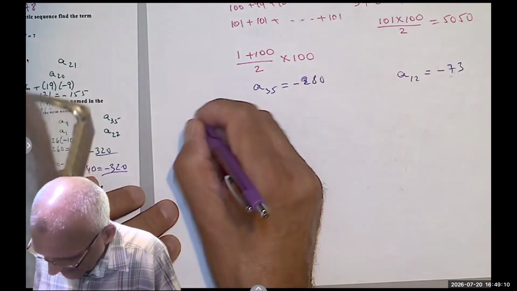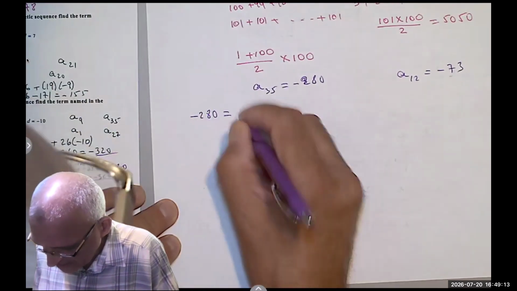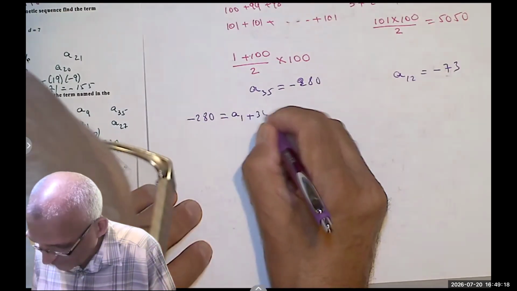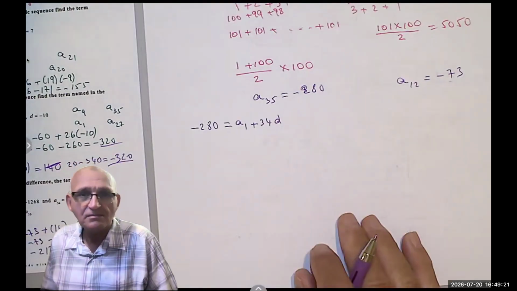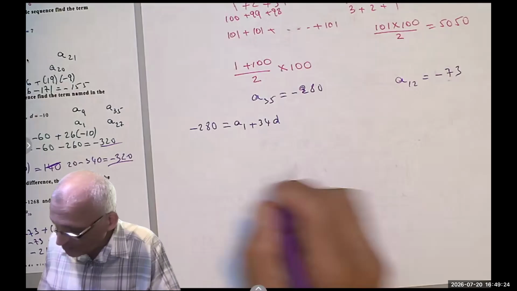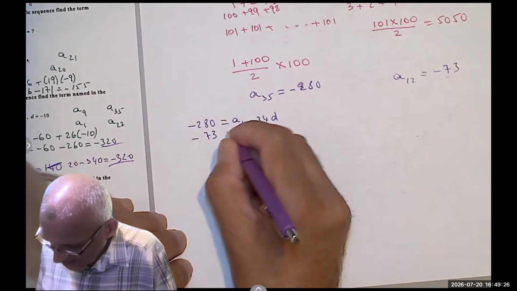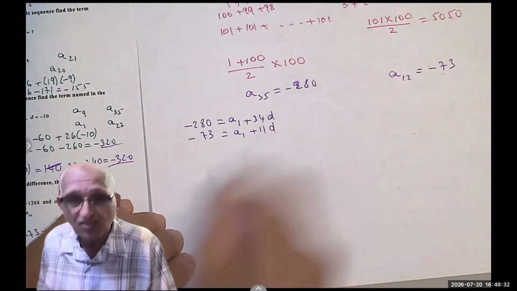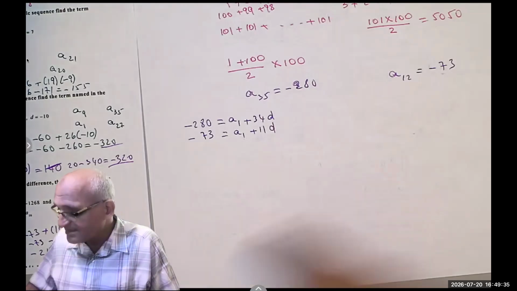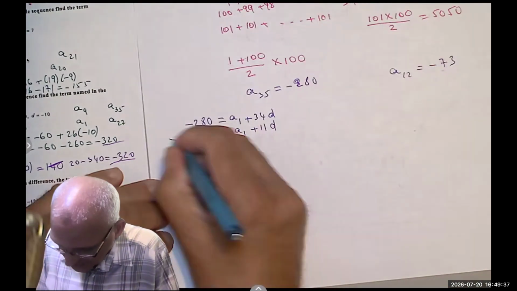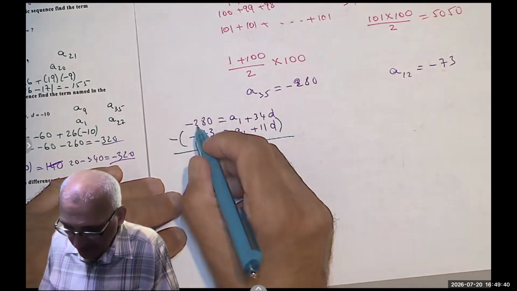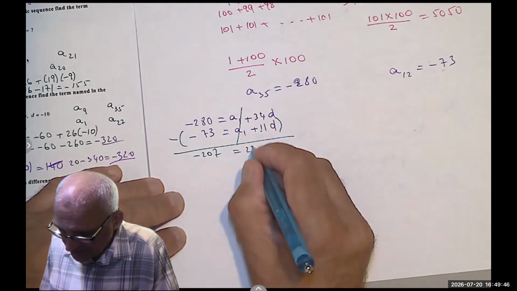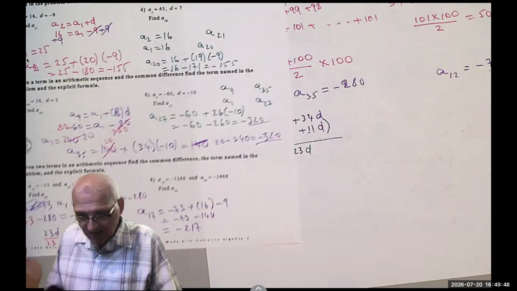I would say negative 280 equals a sub 1, which I don't know, plus 34d, which I don't know. A sub 12, which is negative 73, equals a sub 1, which I don't know, plus 11d. Now you can see that with elimination, if I subtract the bottom from the top, I will get negative 207, these cancel, and those two will give me 23d, and the rest is history.